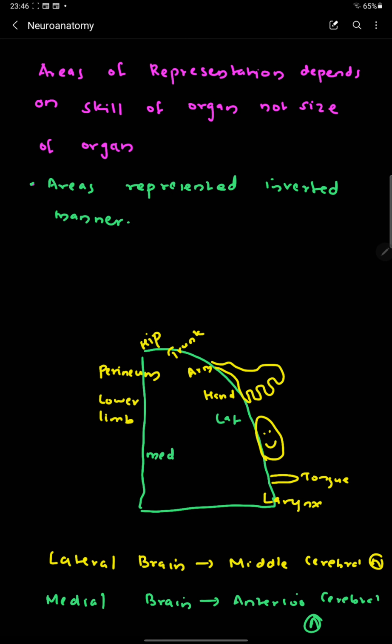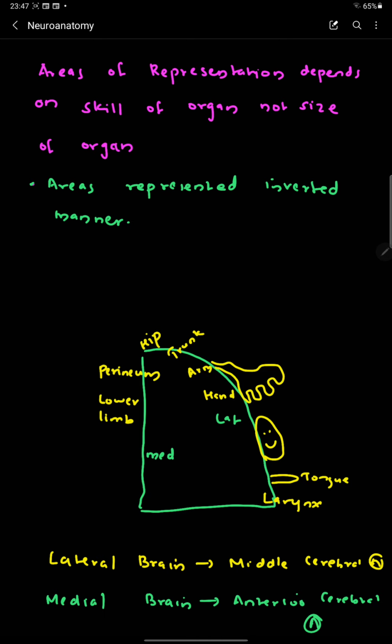So next, a few words about the motor homunculus. The area of representation depends upon the skills of the organ and not the size of the organ. For example, if the hand is doing more skills, the hand will have a greater area, and the area is represented in an inverted manner.